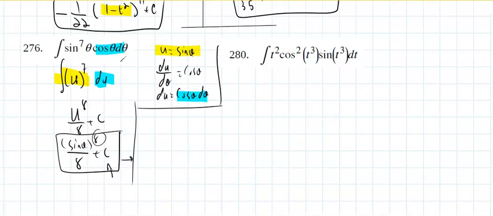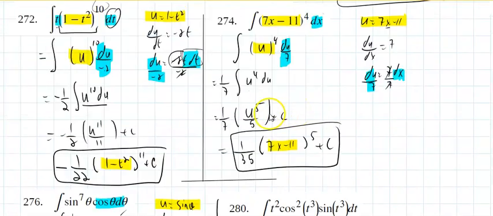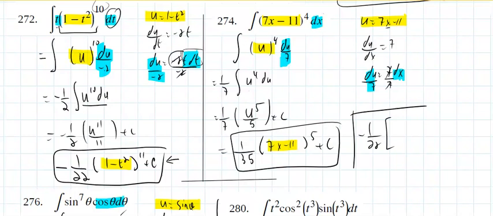That's really quick. If I go to the previous problems, either of those doesn't matter. Let's say I take number 272. If I want to take a derivative of that, well, I could check. Leave the -1/22 out because that's a constant. Derivative of this, bring the power down, subtract 1 from the power, times the derivative of the inside, which is -2t. Of course, the derivative of the constant is 0.